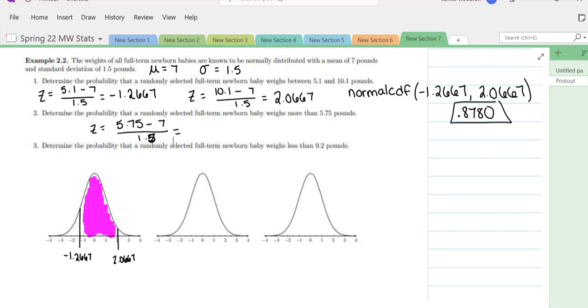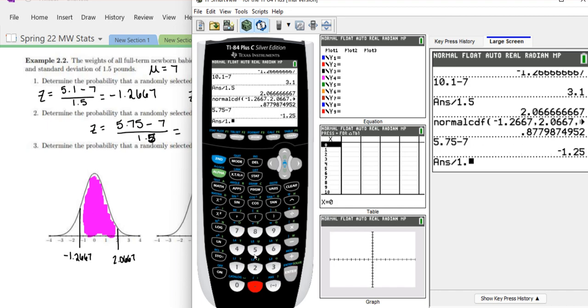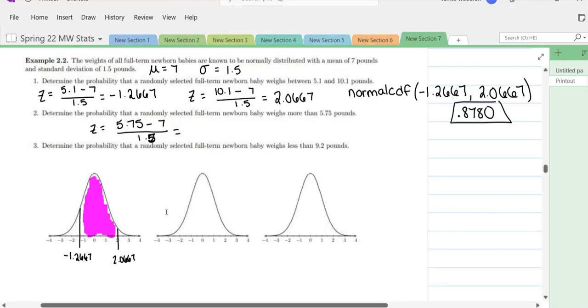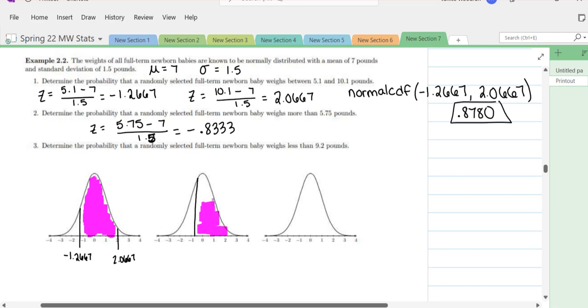So 5.75 minus 7 divided by 1.5 is going to give us negative 0.8333. On this curve, that's going to look like about right here. And we are going more than, so that's going to be to the right. So this should be slightly over 50%.